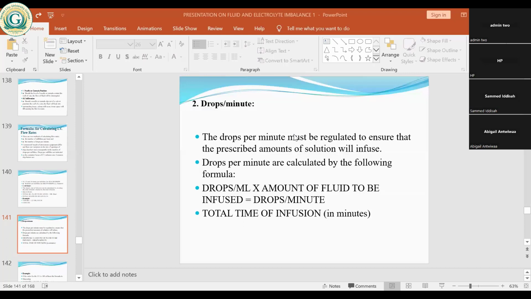By 6 p.m., the doctor came to review the client and ordered another 5 liters of Ringer's lactate, which is to run for the next 6 a.m. in the morning.